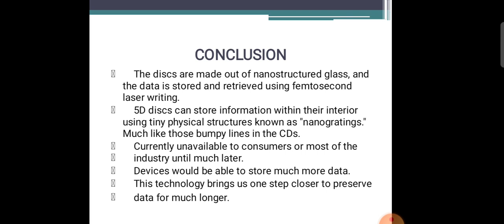Third, currently unavailable to consumers or most of the industry until much later. Devices would be able to store much more data. This technology brings us one step closer to preserving data for much longer.